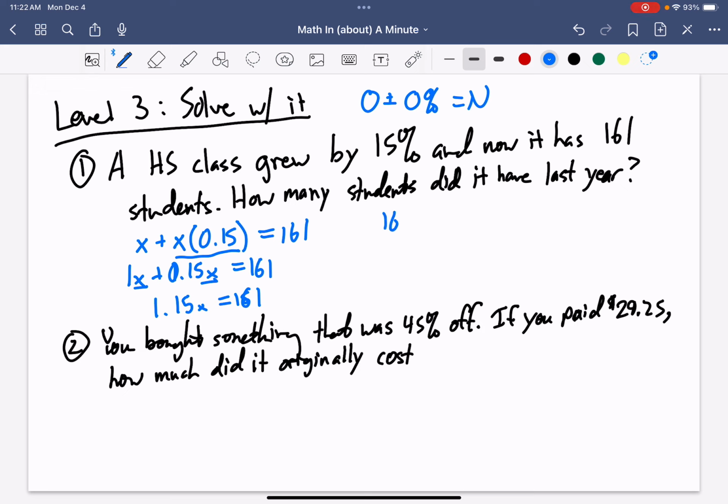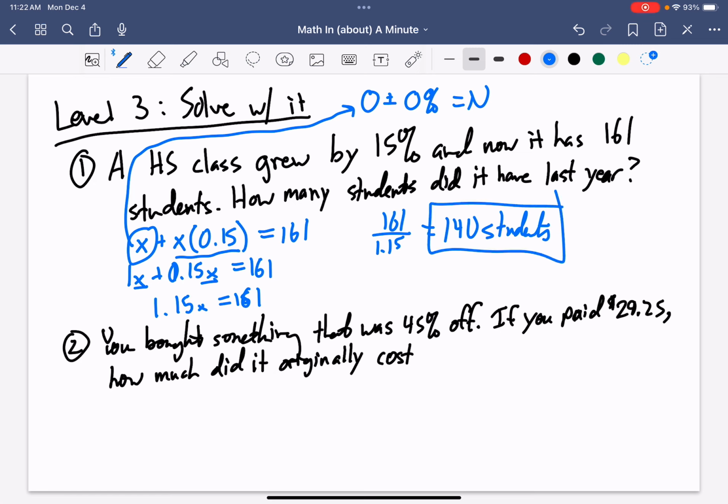Now I can do 161 divided by 1.15, and that's equal to 140. I'm solving for x. I don't know what the original is, so I set up an equation and I solved for it. So I had 140 students last year.